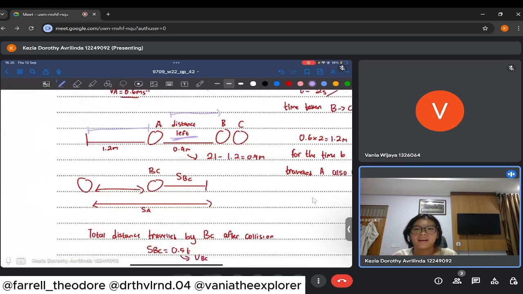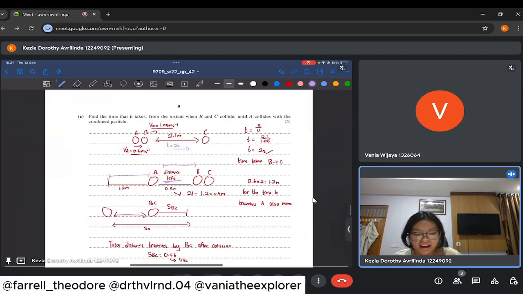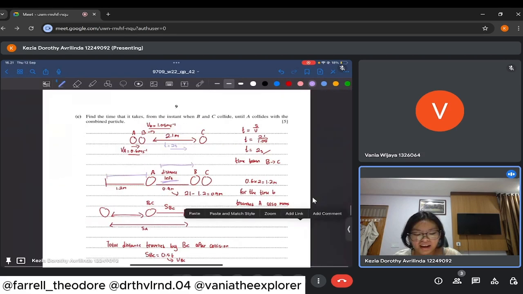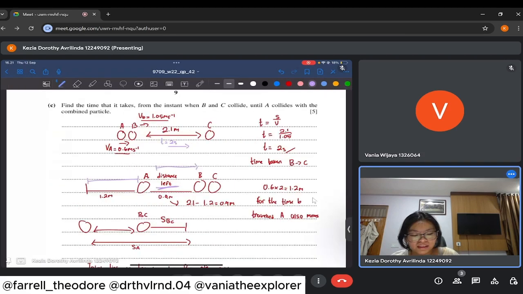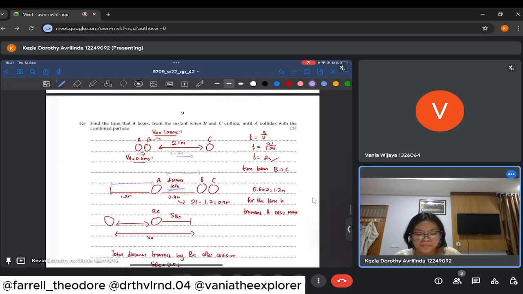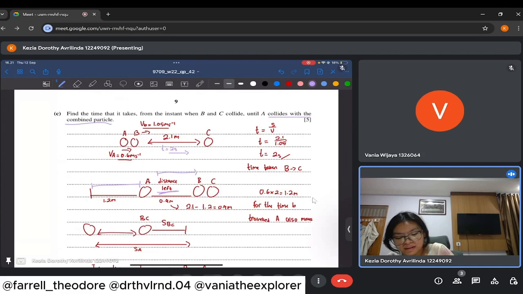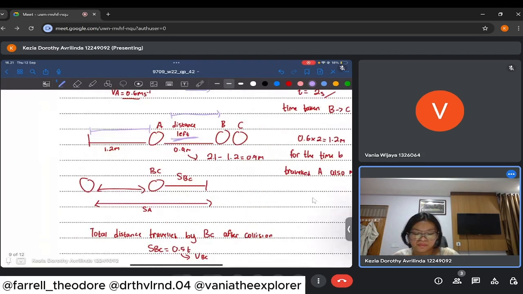Now, after this is quite hard to explain. We are asked to find the time taken of A when it collides with the combined particle. Okay, so this is A. This is where A is.